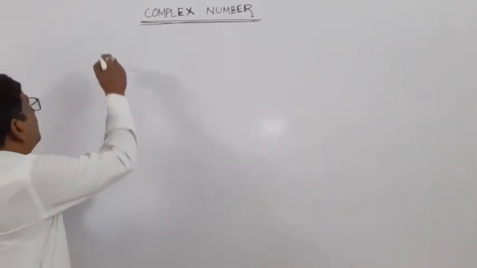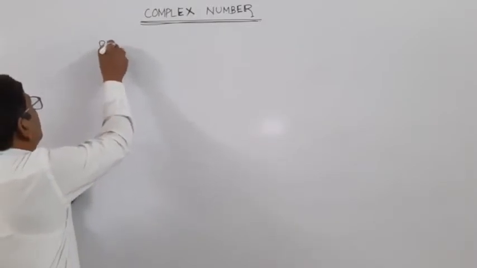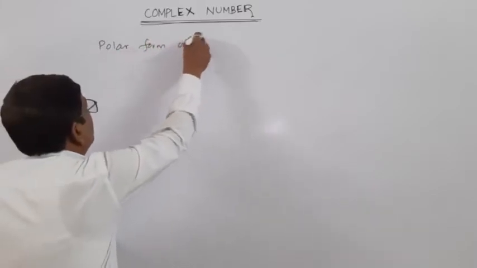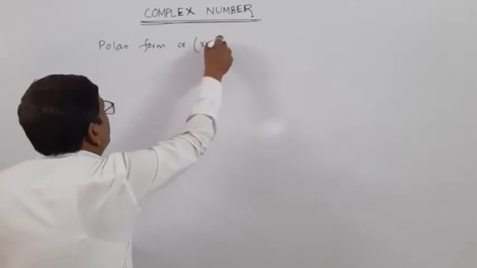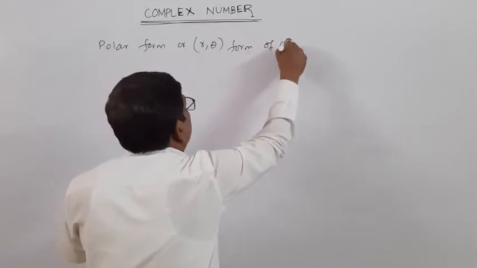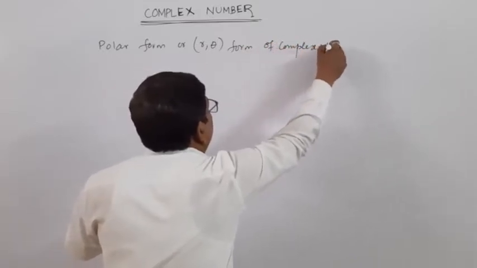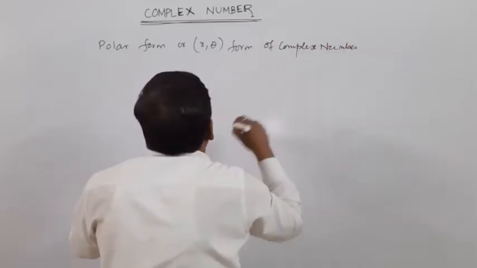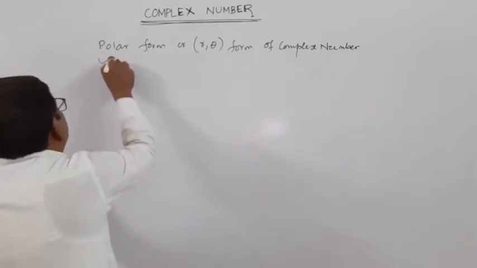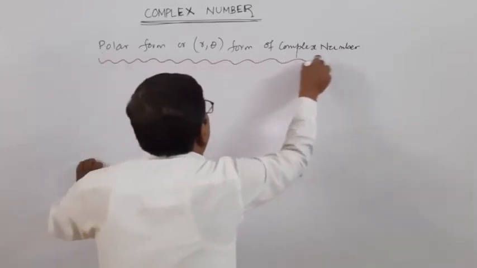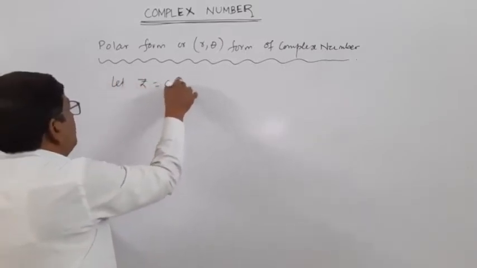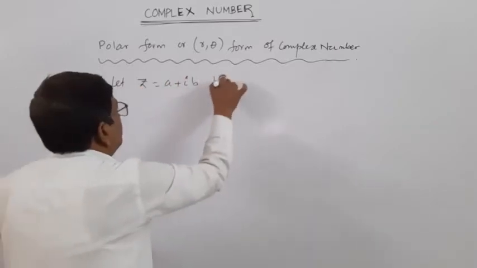Polar form or r comma theta form of complex number. Now let z is equal to a plus ib be a complex number.